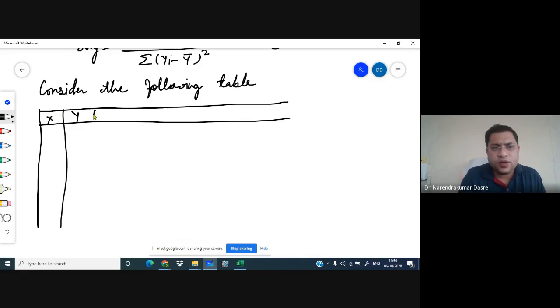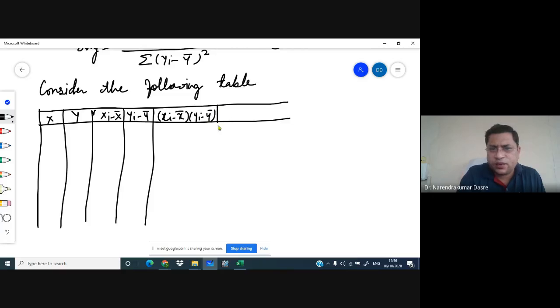X, then Y, then xi minus x bar, yi minus y bar, then xi minus x bar into yi minus y bar, then xi minus x bar square, and yi minus y bar square.